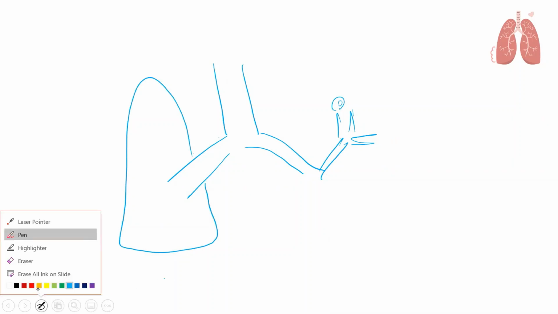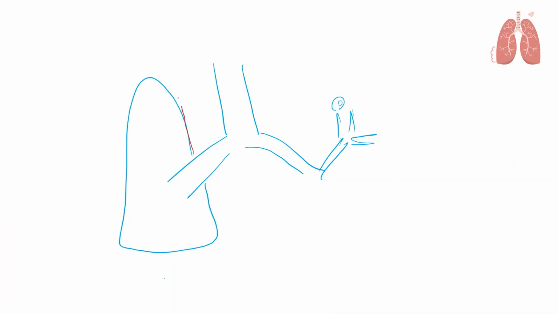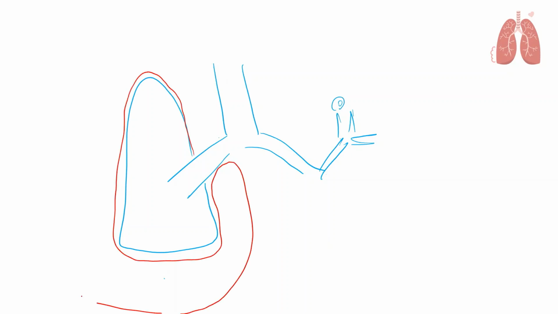So you understand, right? So you have the lungs like this, dividing with alveoli at the end. If you take a lung like this, you have the visceral pleura, and at the body wall, you have the parietal pleura.